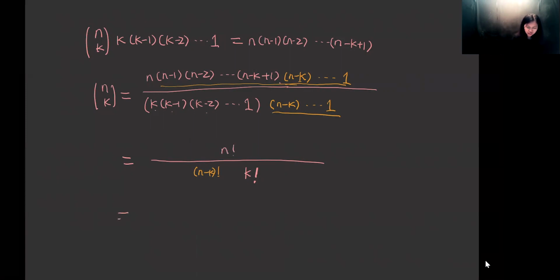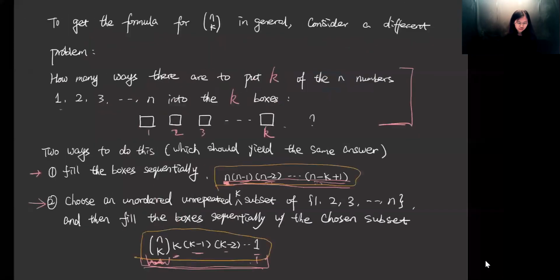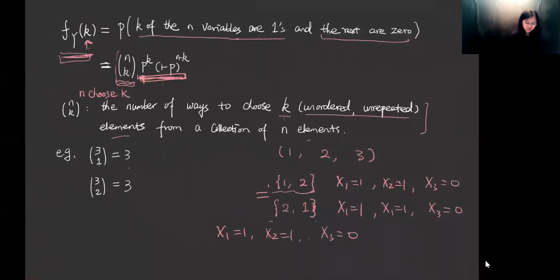So n choose k, when written in a short way, is n factorial divided by n minus k factorial times k factorial. So that is n choose k. And that gives you the probability mass function of the binomial distribution.